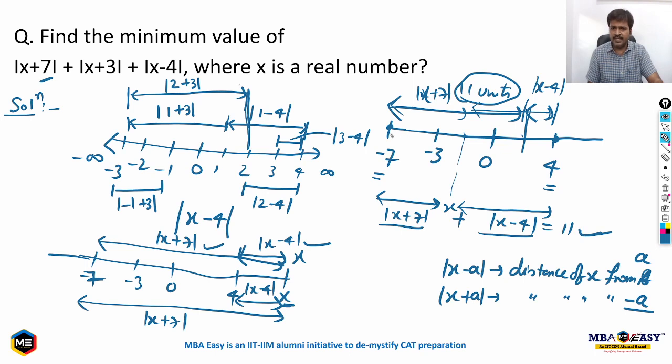But if I select my x beyond these 2 points -7 and 4, यानी 4 से ज्यादा ले ले x या -7 से कम ले ले, तो mod of x plus 7 plus mod of x minus 4 will exceed 11, right?